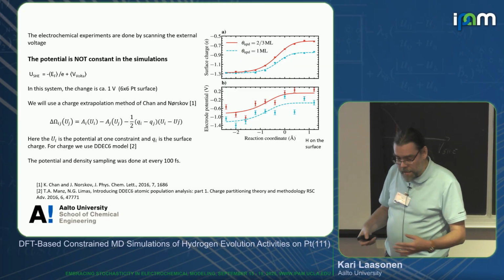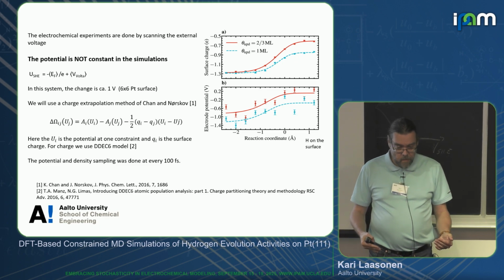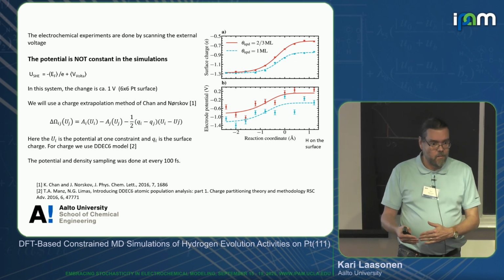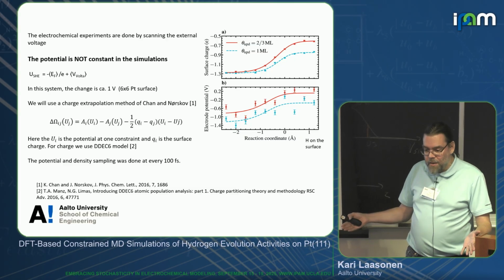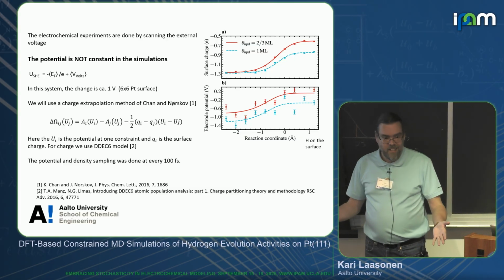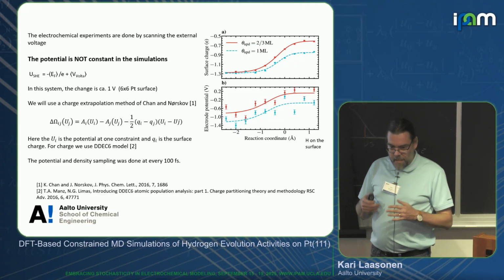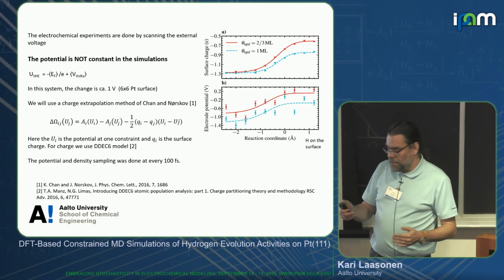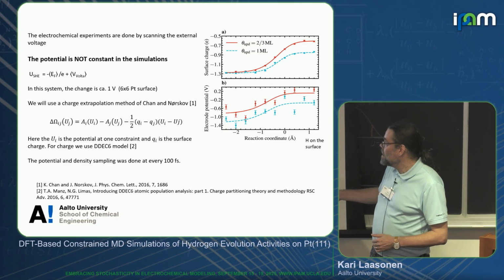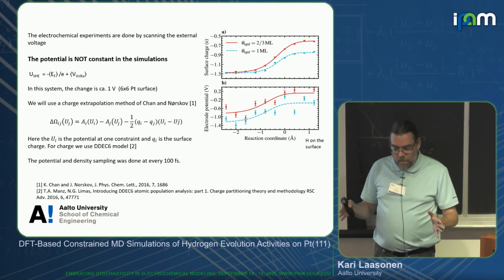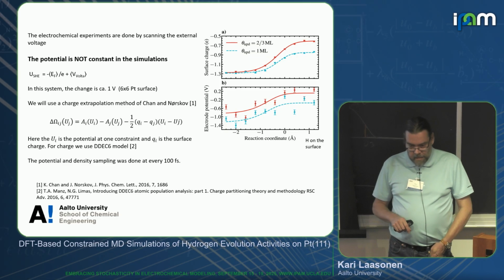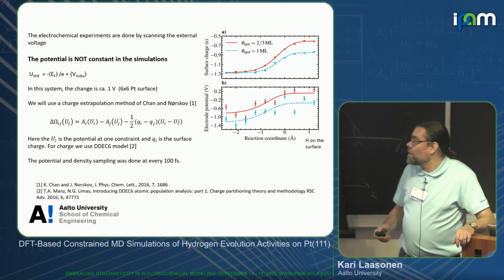But the other issue is that the electrode potential will also change. We can easily compute the electrode potential when we have a static calculation, like a hydrogen on the surface, which is trivial. The nice thing with the NEB type calculation is that we still have a static thing, so it's easy to compute here. But whenever you let the atoms move, the electric field fluctuates quite a bit.